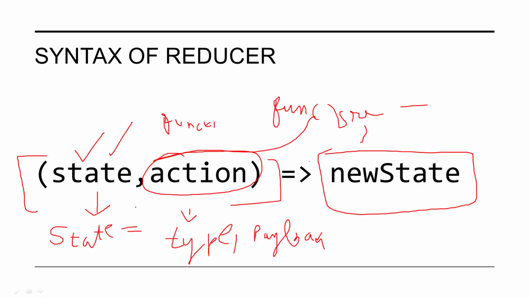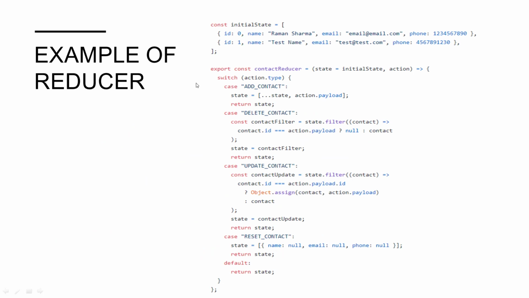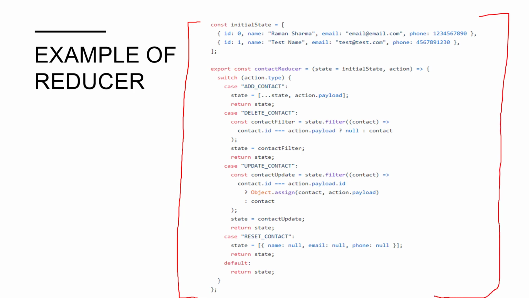So this is just the basic syntax of a reducer. Now let's see our example here. This is a simple example of a reducer, and this is the simple example that we are going to do in our new Redux project, our first project, a simple contact book with the help of Redux.